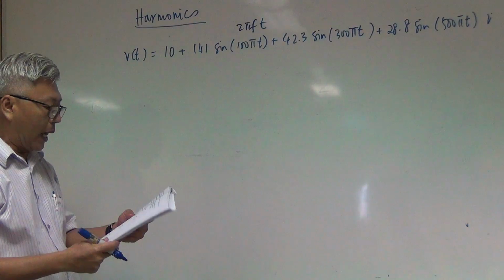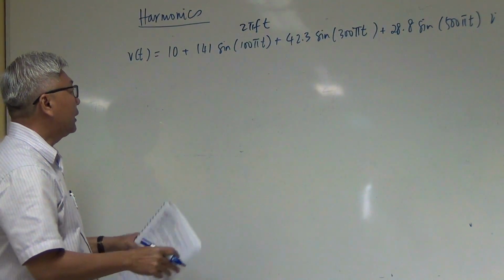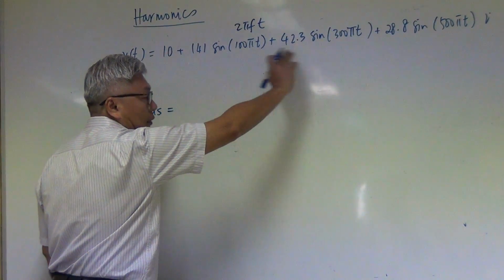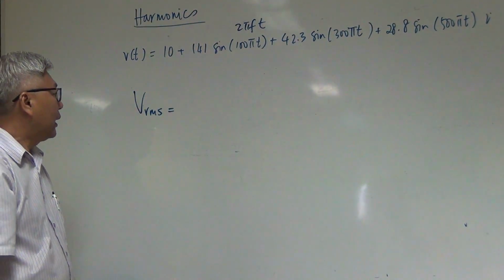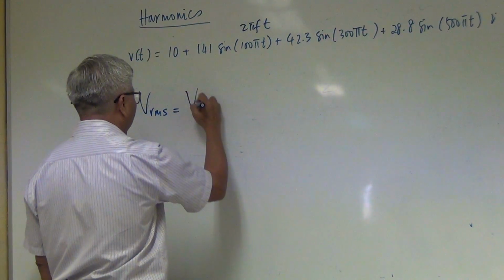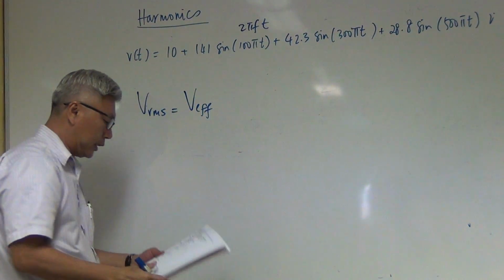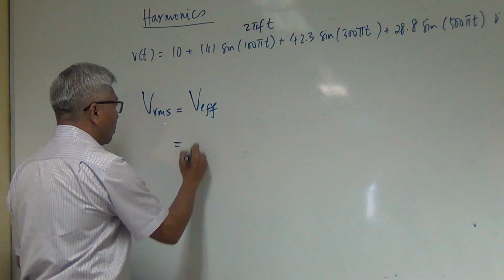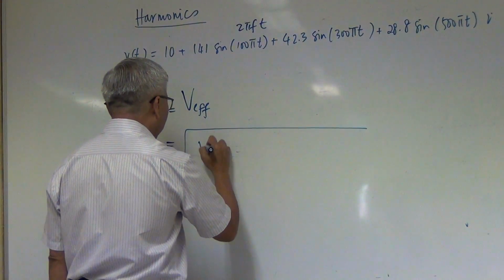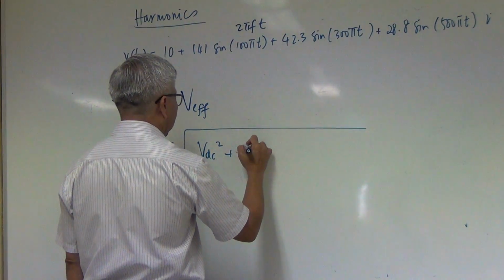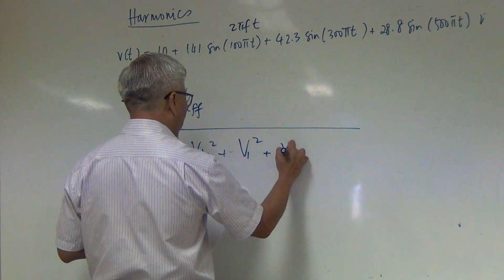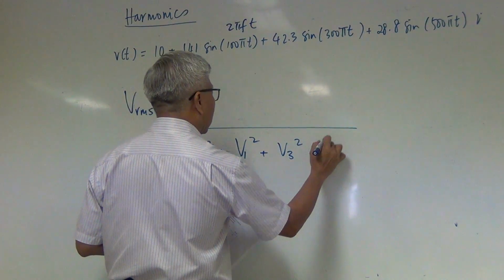So this is the meaning of this string of values here. Now we need to understand how to find the VRMS of this voltage signal, or we call it the effective voltage, or the RMS voltage. The formula is the square root of VDC squared plus V1 squared plus V3 squared plus V5 squared.